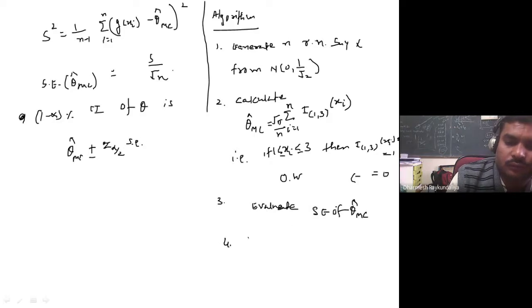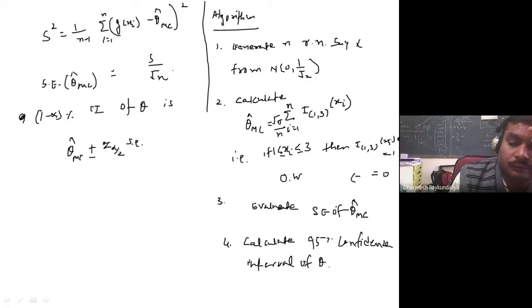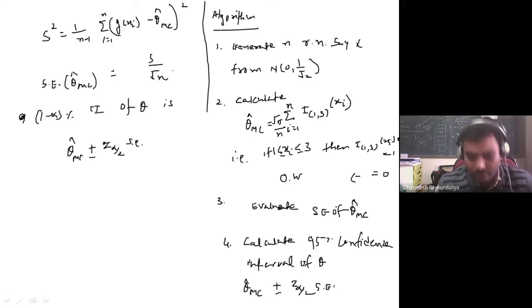Fourth, calculate the 95% confidence interval of theta, that is theta cap MC plus or minus z alpha by 2 times the standard error, and print the output.